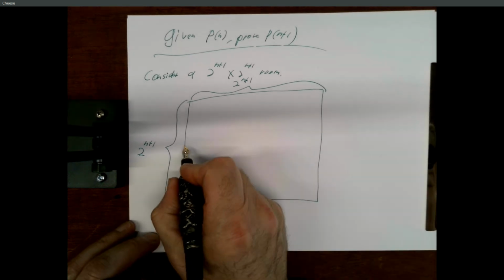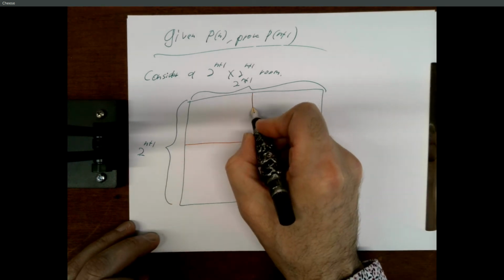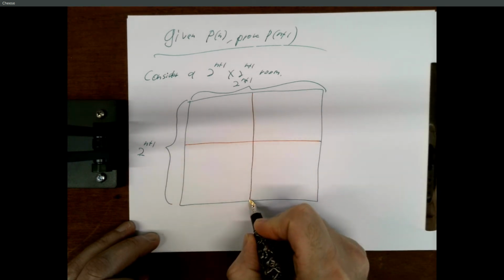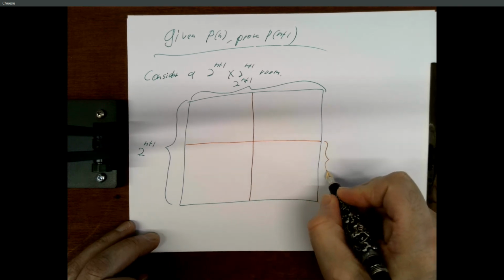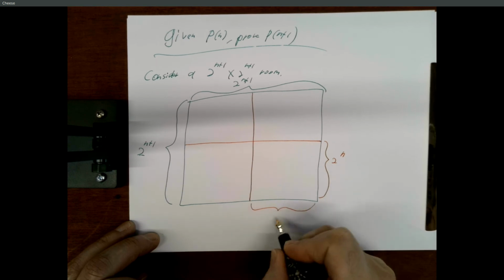I'm going to split this room into 4 quarters. And I'm going to note that each of these quarters is 2 to the n by 2 to the n.